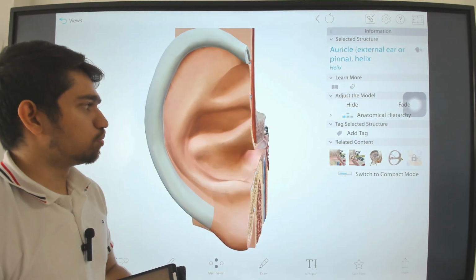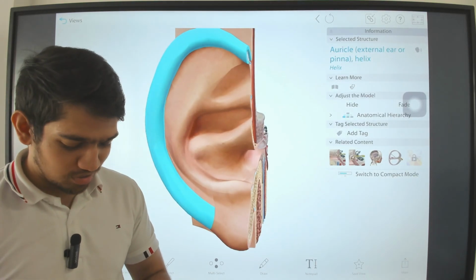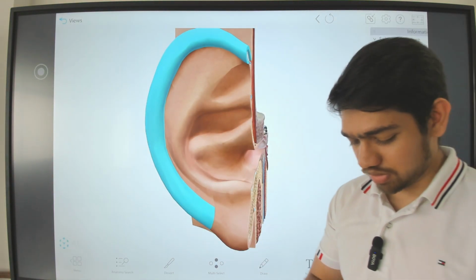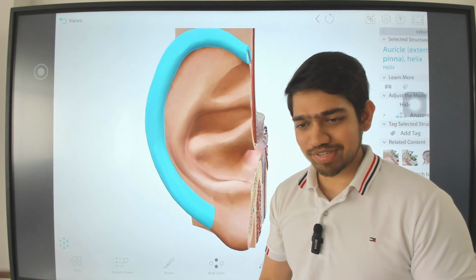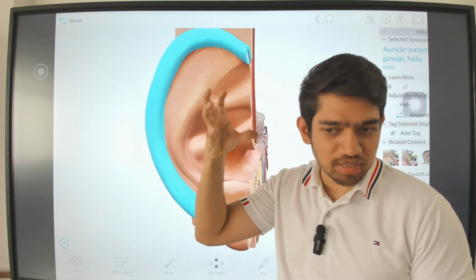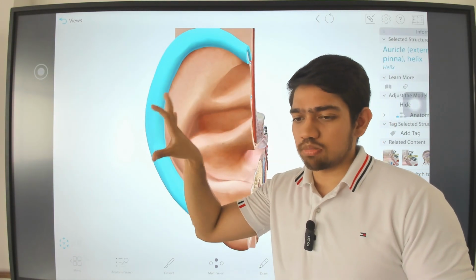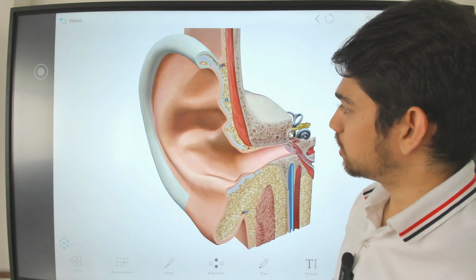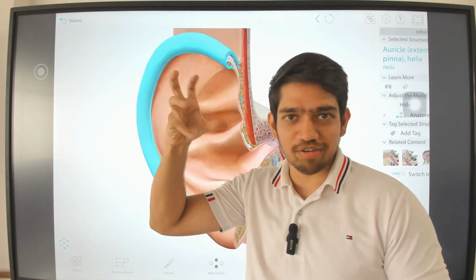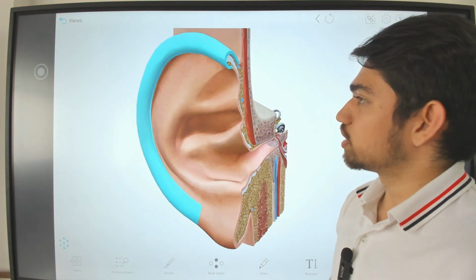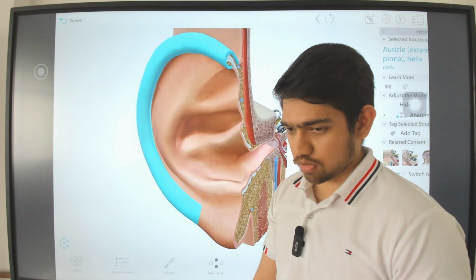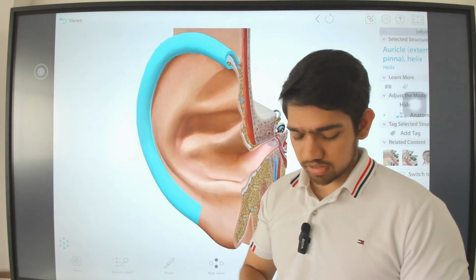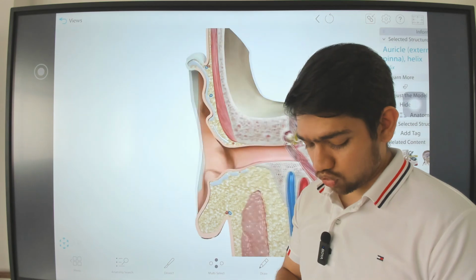In humans the pinna has become more and more reduced, but if you take a look at cats and maybe dogs, they even have the ability to rotate their ears to collect the maximum amount of sound waves. But as humans, as we are evolving, we have lost the ability to focus our external ear to the direction where the sound waves are coming from. So our pinna is not very significant, it's not even movable.